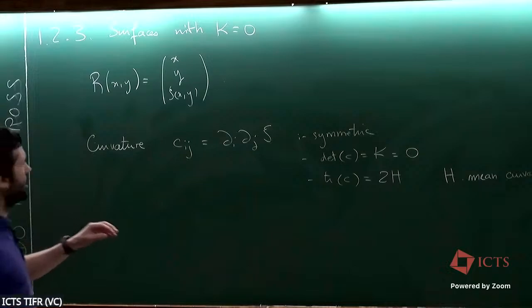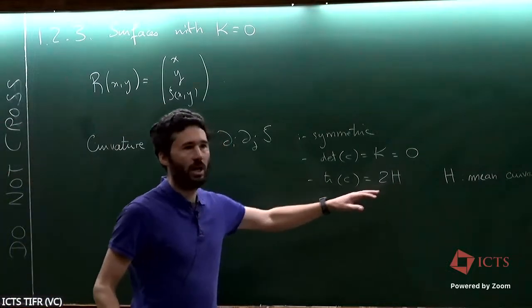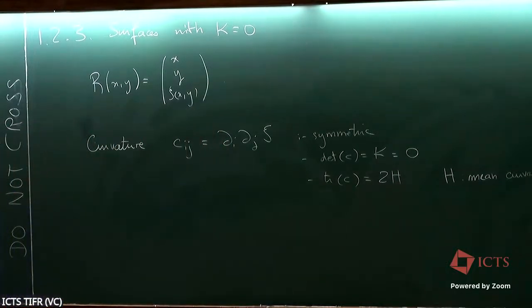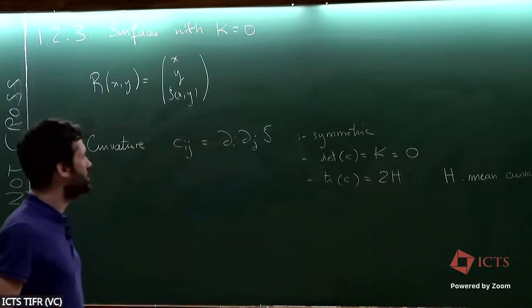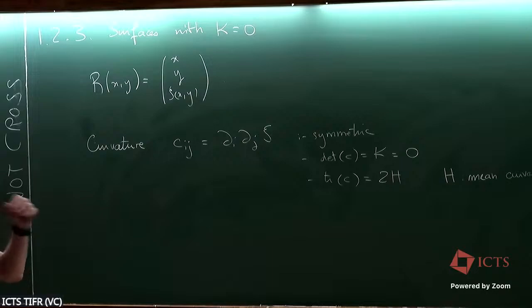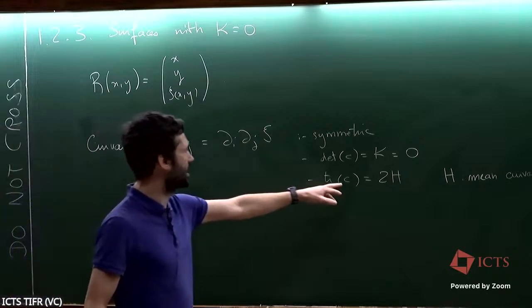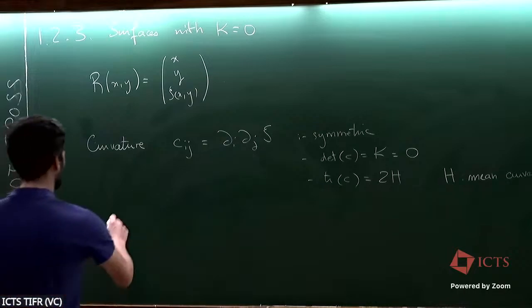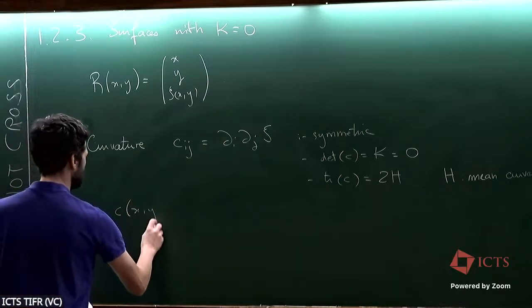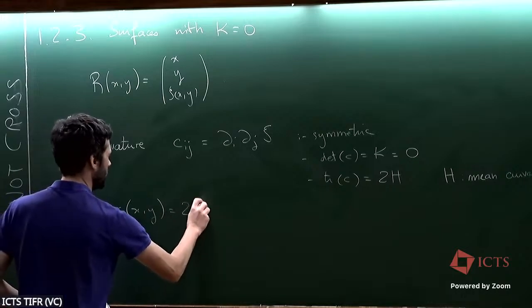Assuming that the mean curvature is not zero, I can factor out 2H in C, and I can always write C this way. I will not prove this.